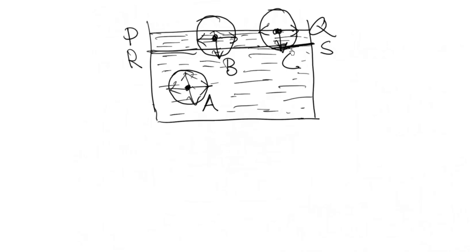Now, to bring a molecule above the RS plane from a point inside the liquid, work must be done against the cohesive force, and this work will increase the potential energy of the molecule. Thus, the potential energy of the molecules above RS is greater than that of the molecules below RS.